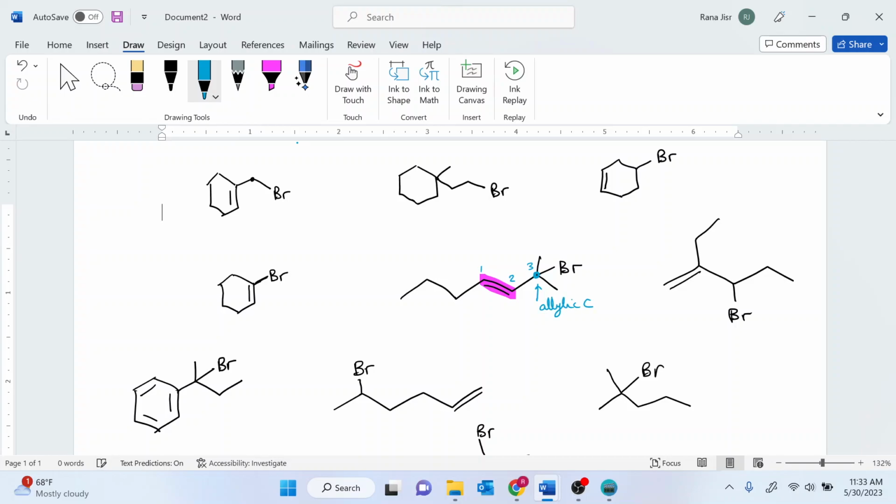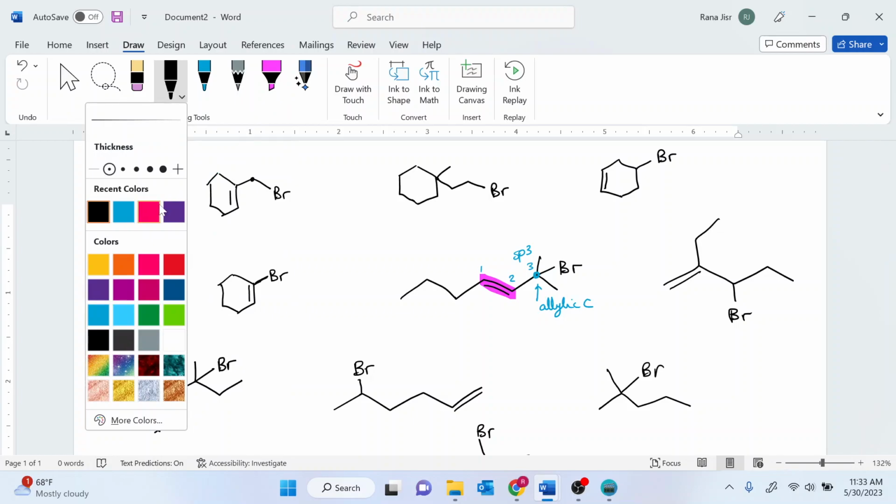So as we mentioned, the allylic carbon is always an sp3 hybrid carbon. Now the type of this alkyl halide is going to be an allylic alkyl halide. But allylic alkyl halides are classified as primary, secondary, and tertiary. So you have to look at the carbon of the alkyl halide and see how many carbons it is connected to.